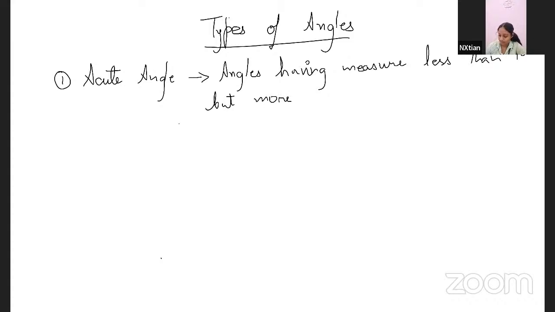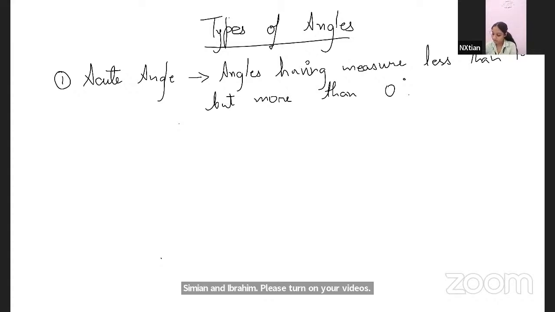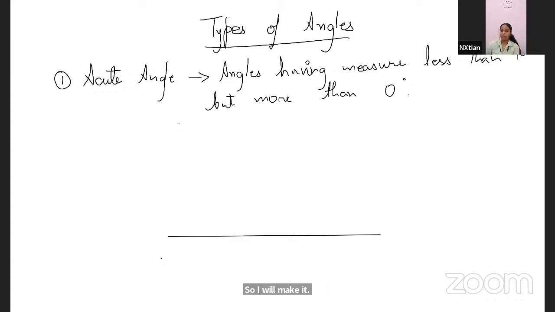More than 0 degrees. Okay. Simeon and Abraham, please turn on your videos. Videos on, please. So I will make it. Suppose I have a line segment, and I am constructing an acute angle.